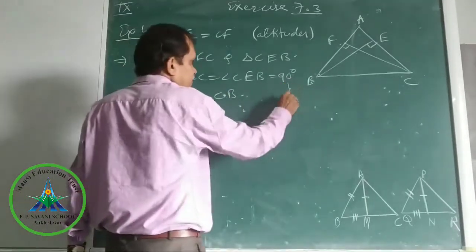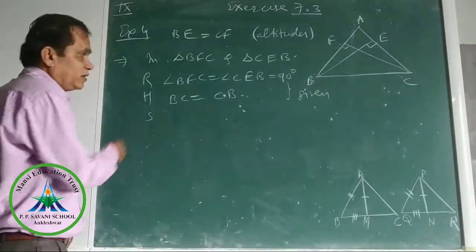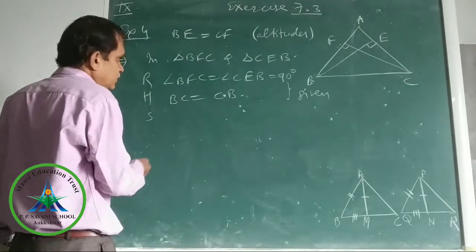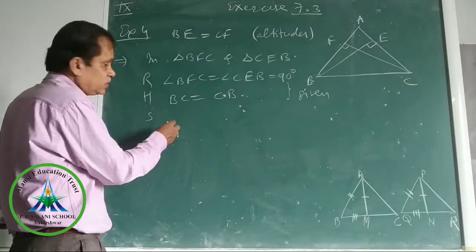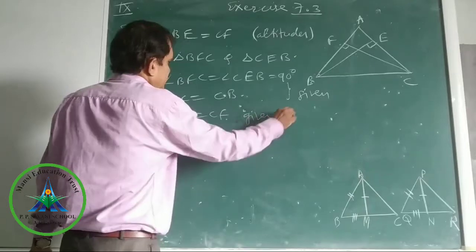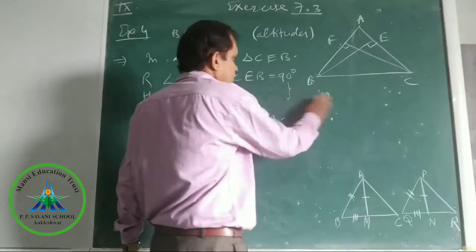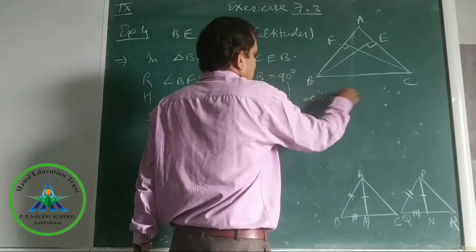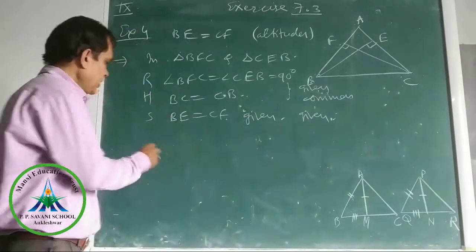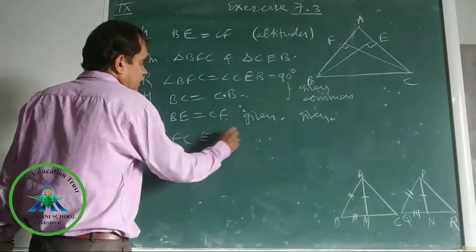If you have to give support, what is the support? Side BE equal to CF. BC, CB is common. The first point is given and the third point is given. So you prove, therefore triangle BFC is congruent to triangle CEB.